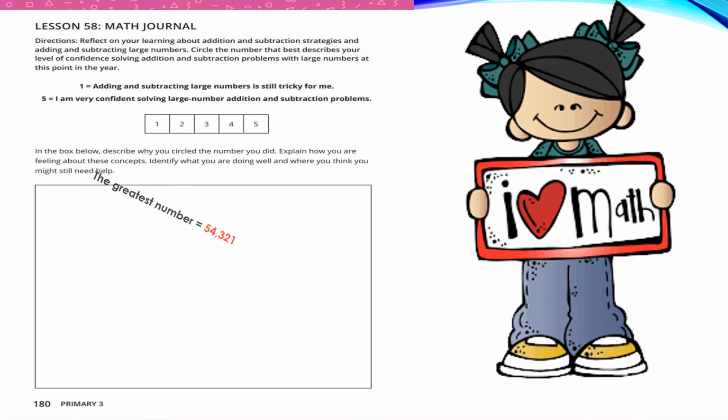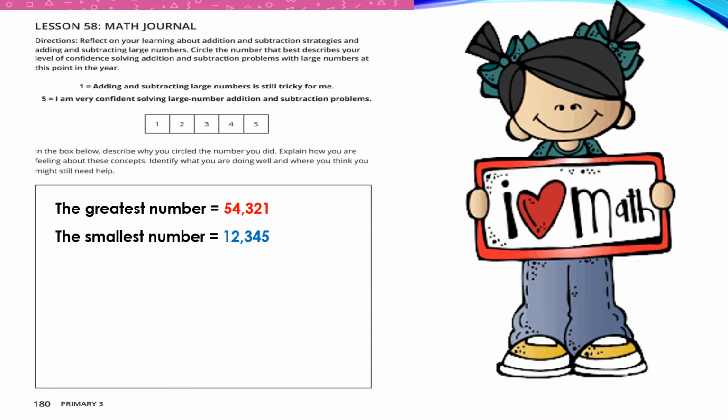The greatest number here is 54,321, and the smallest number here is 12,345. Here you can choose to make an addition or subtraction operation.